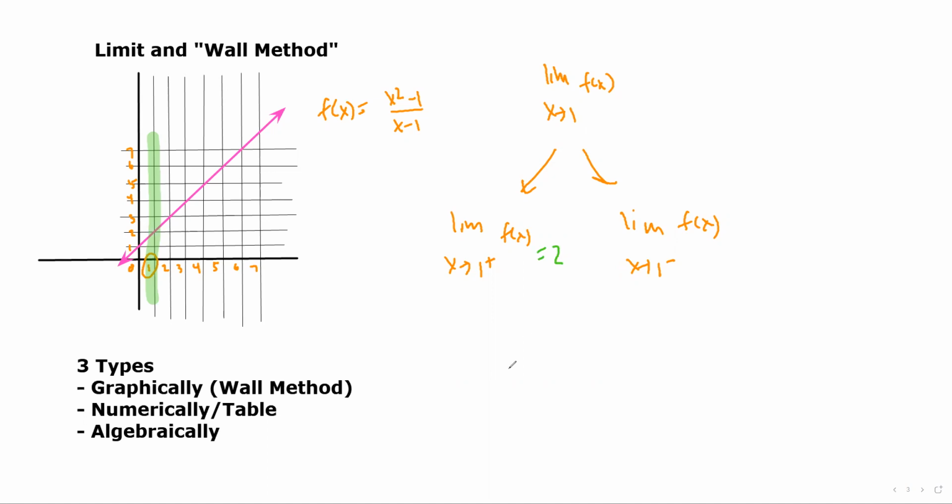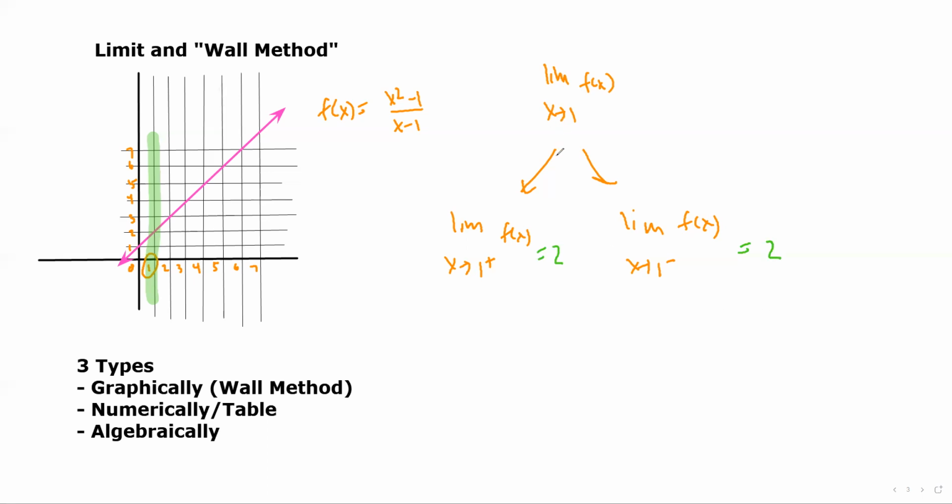I'm going to do exactly the same thing on the left side now. As x approaches 1 from the left side of the wall, as it approaches the wall here, what is that y value going to? It's also going to 2. So in this case, I'll write 2 here.